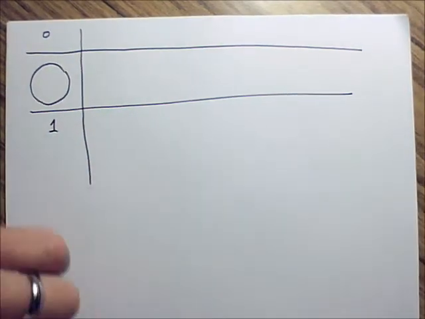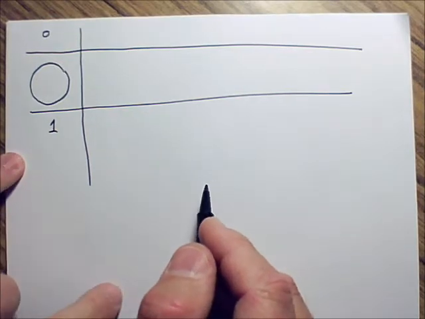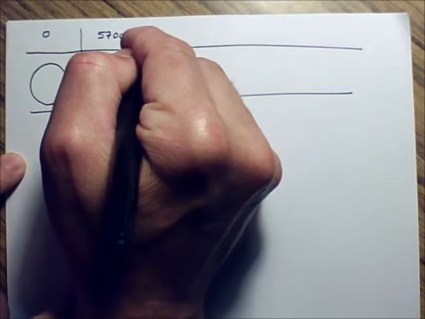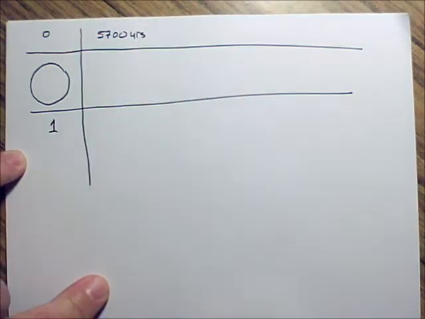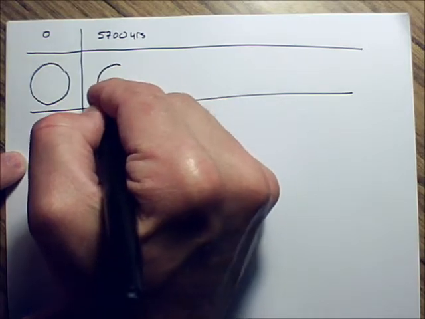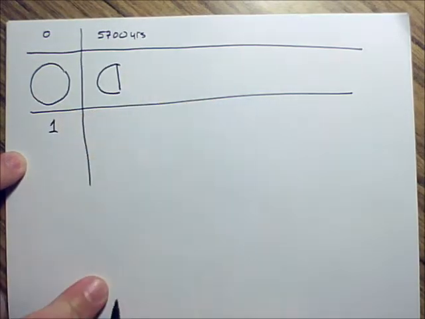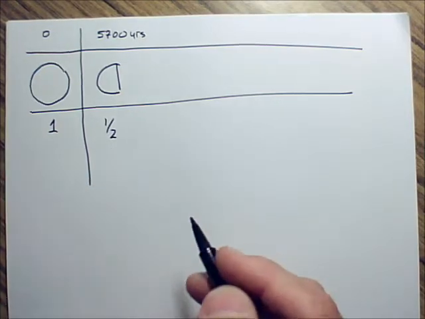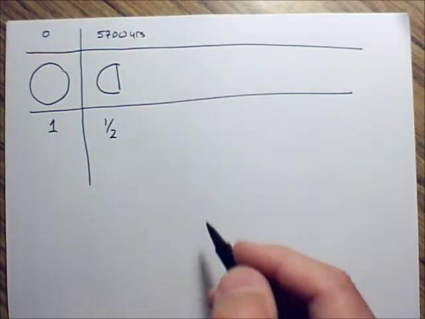The half-life of carbon-14 is 5,700 years. So at 5,700 years, half the pie is gone. Does that make sense?